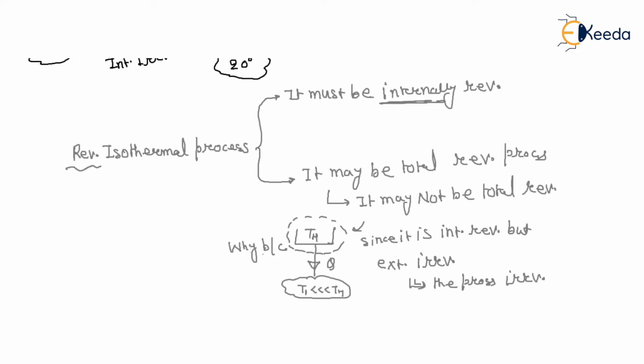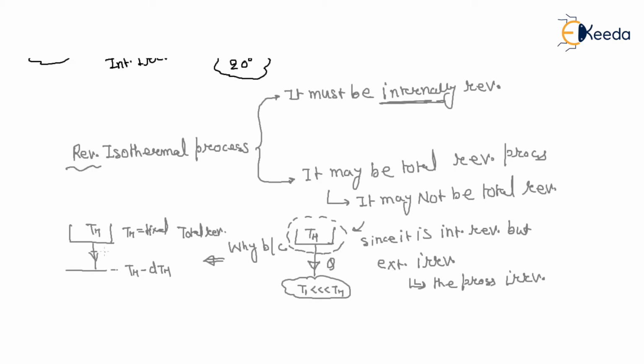So if the process is totally reversible, that means the heat transfer through TH, where TH is fixed, and heat transfer happens across a very infinitesimal difference only, that means TH minus dTH.